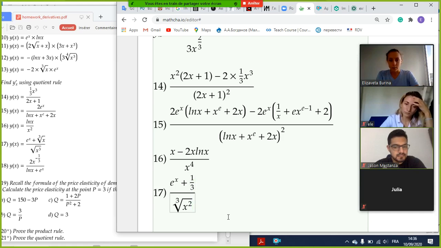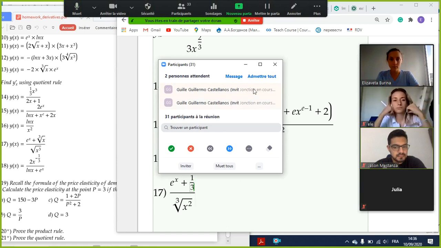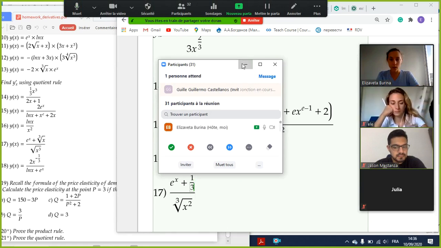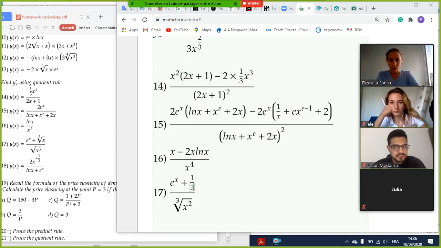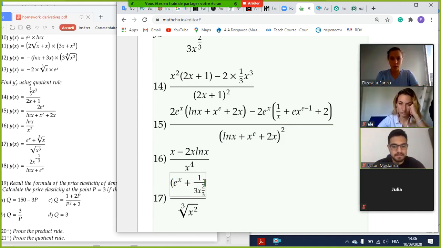Now x will be to the power of, here, I'm going to leave it in the denominator. The power will be 2 over 3, fraction, 2 over 3. That's the derivative of the numerator, so we can put it nice like that.